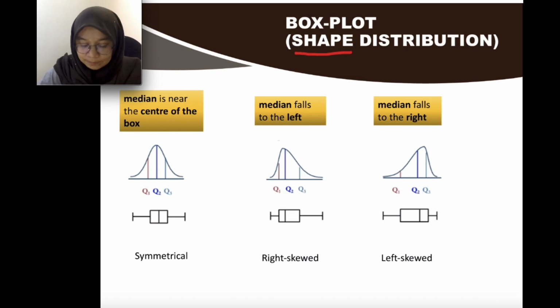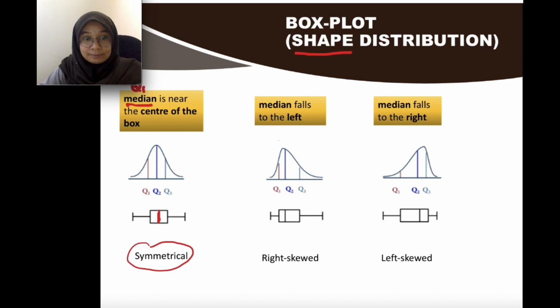If the median, Q2, is near the center of the box, your box plot is symmetrical, right?